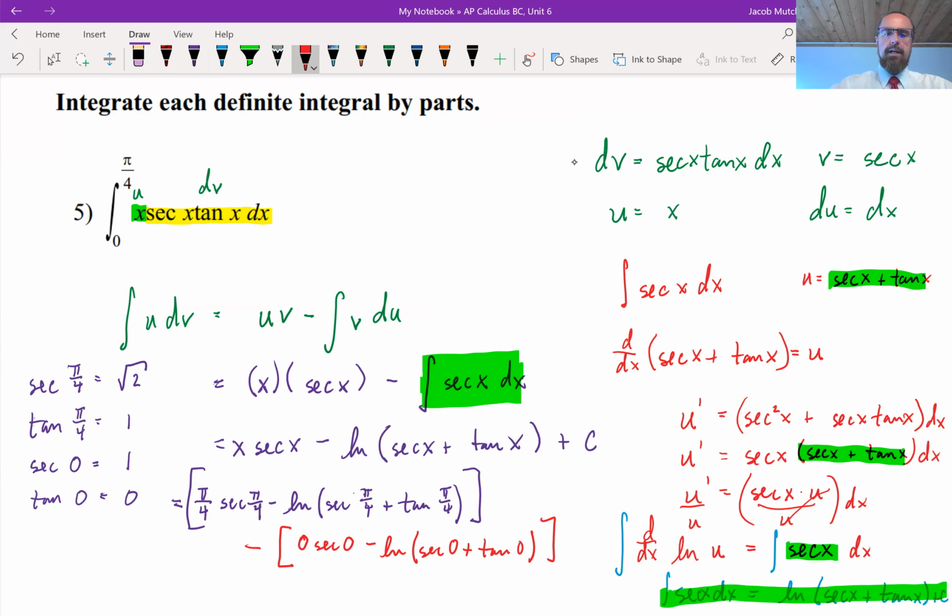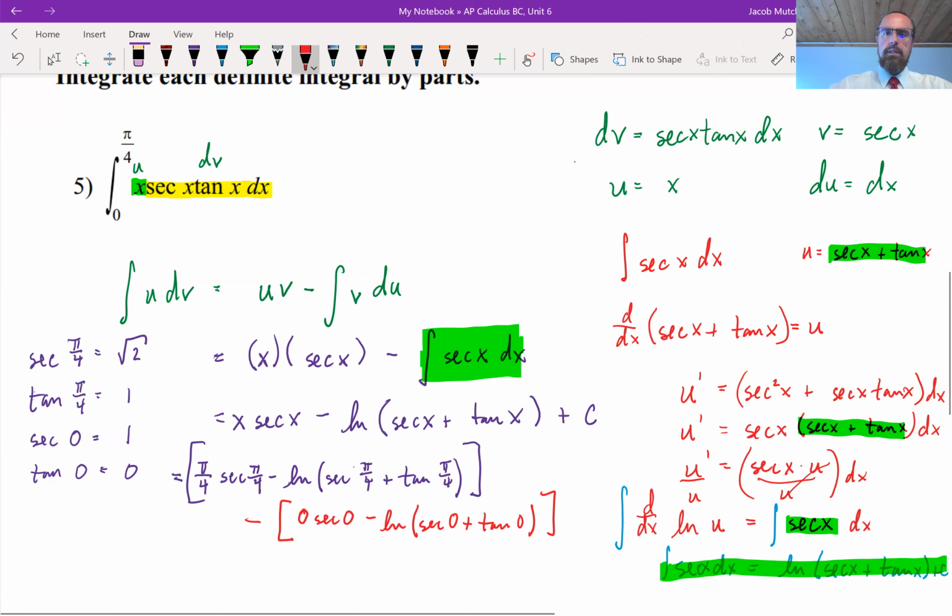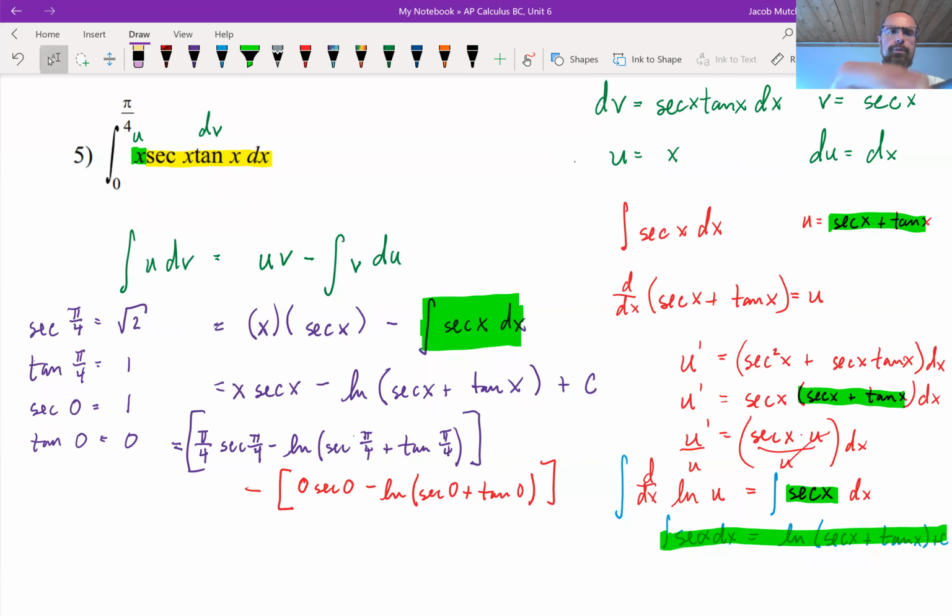So we're ready to evaluate. We've got everything plugged in now. We just need to come up with our values. So from the purple expression, it's going to be pi over 4 times secant of pi over 4, which is square root of 2, minus the natural log of secant of pi over 4, square root of 2, plus tangent pi over 4, which is 1.